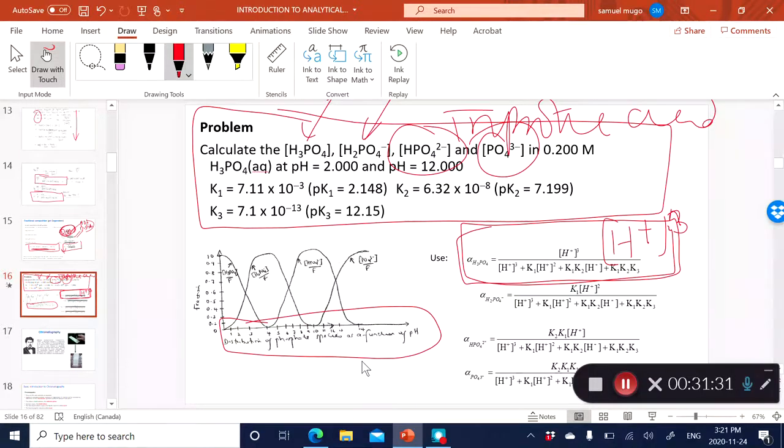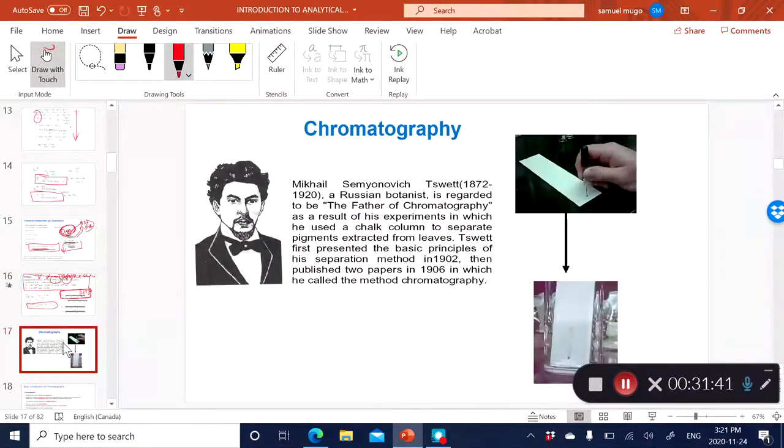And I hope you can see how it relates to the distribution equilibria or to chromatography, the liquid-liquid extraction, which is what we are talking about here. And so in the next lecture, you're going to talk very briefly about the other different types of chromatographies other than the liquid-liquid extraction, which I've just covered in the previous slides.